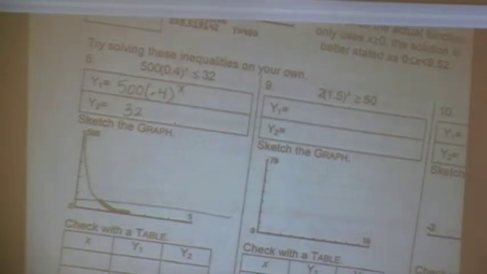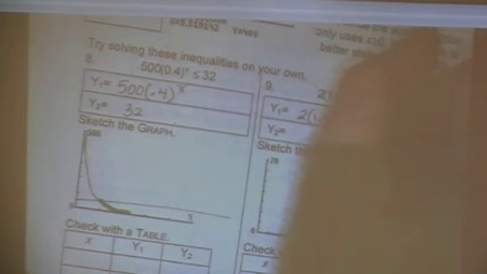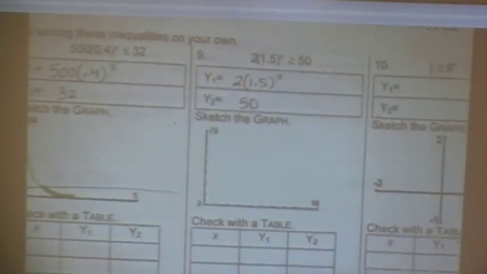All right. So same thing on number 9. Go ahead and put number 9 in your calculator. Okay, before I even put anything on here, what is different about this graph?